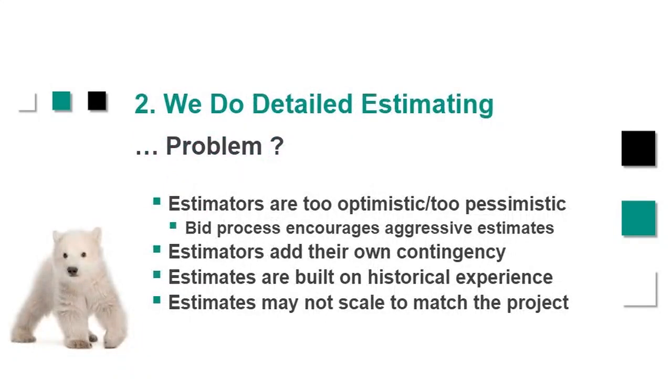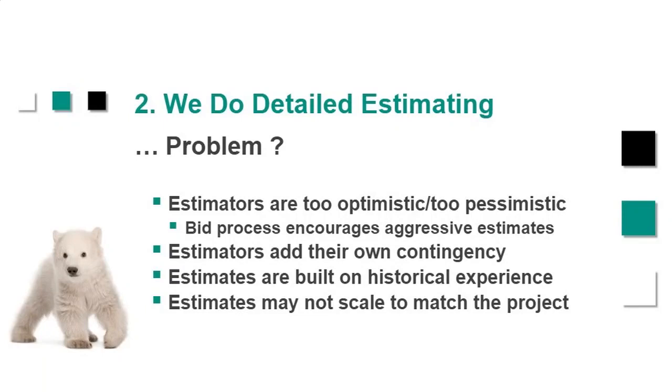We do detailed cost estimates, but sometimes there's a problem because our estimators are too optimistic or too pessimistic. The bid process encourages people to be very aggressive in their estimates to get the job. On the flip side of that, sometimes estimators have been burned too many times by people taking away their contingency. So they start hiding contingency in various places, and they end up with an overly padded estimate.